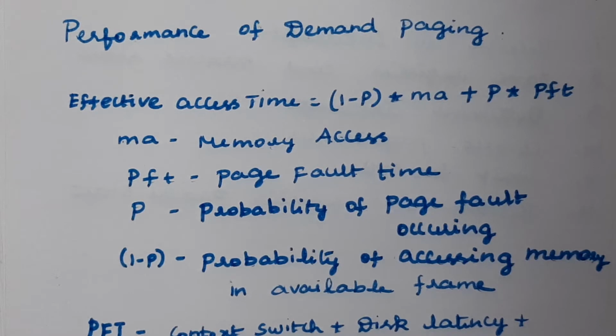Suppose you get a page fault, then what could be the effective access time? If you don't have a page fault, your effective access time is equal to the memory access time. If you get a page fault, you need to read that particular page from the disk into main memory. That is the additional time you may require. So we need to calculate the additional time needed for this transfer operation.